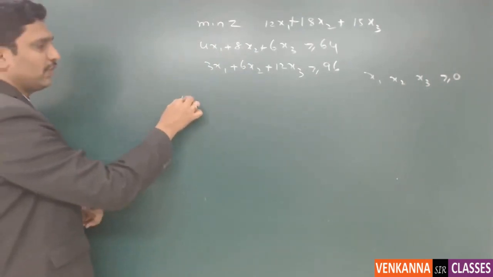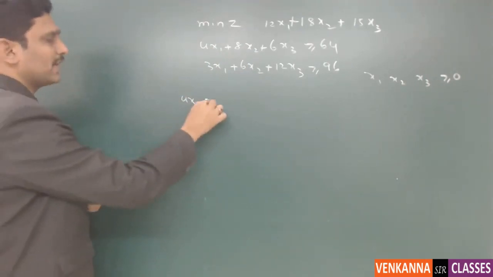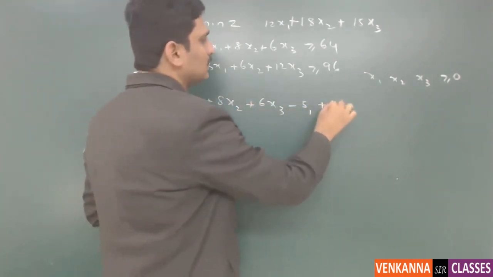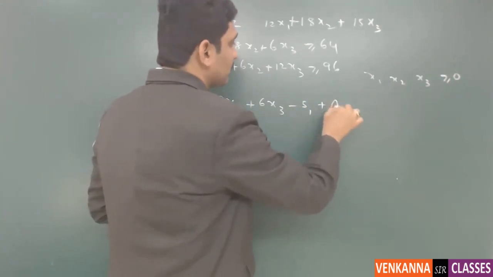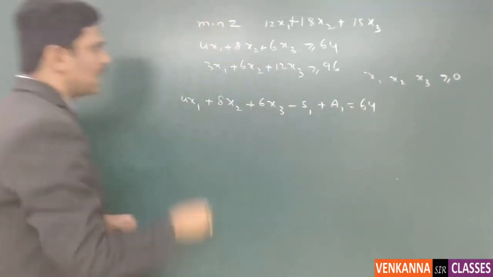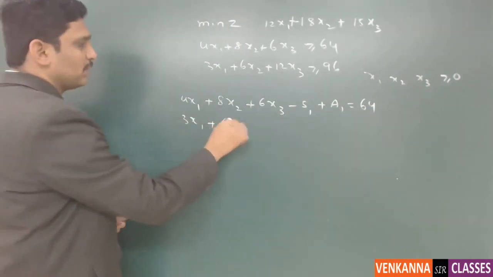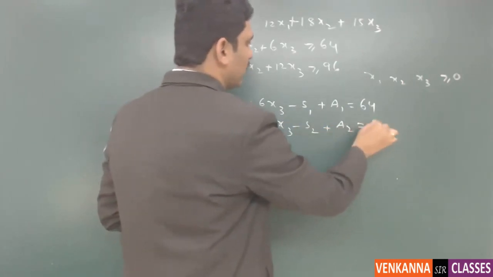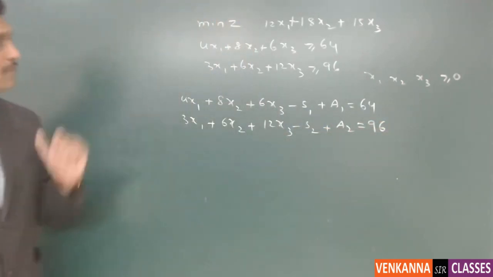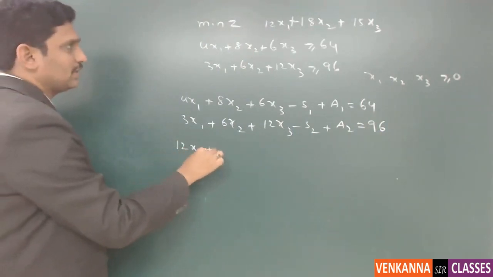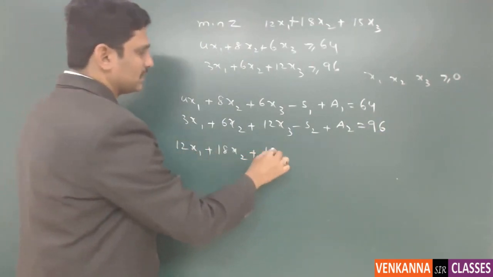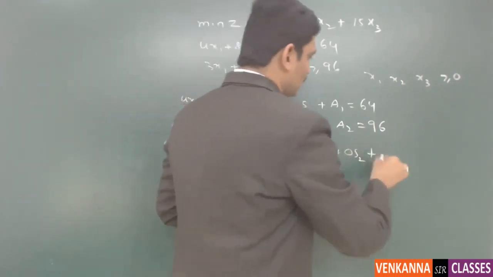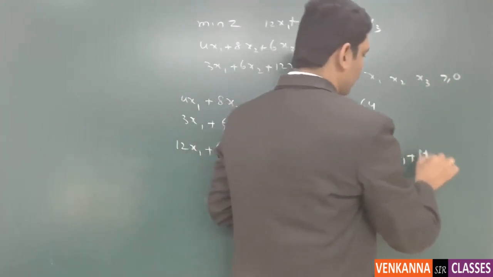So the first inequality we will write as 4x1 + 8x2 + 6x3 - s1 + a1 = 64, and the second, 3x1 + 6x2 + 12x3 - s2 + a2 = 96, and the objective function will come as 12x1 + 18x2 + 15x3 + 0s1 + 0s2 + Ma1 + Ma2.